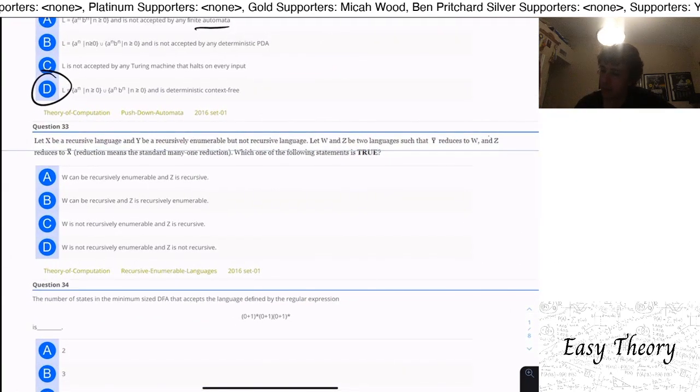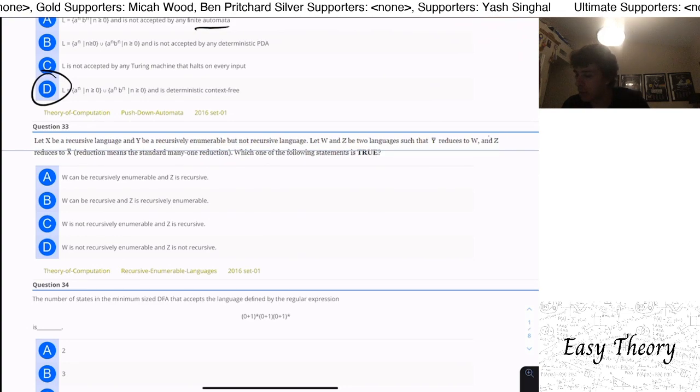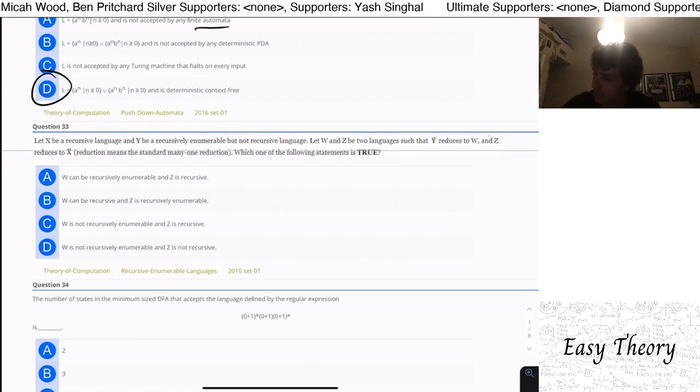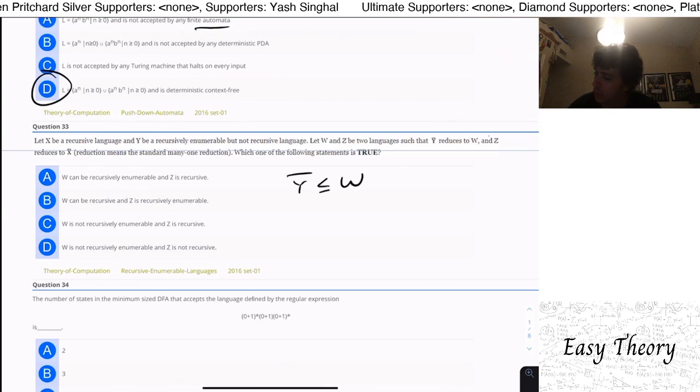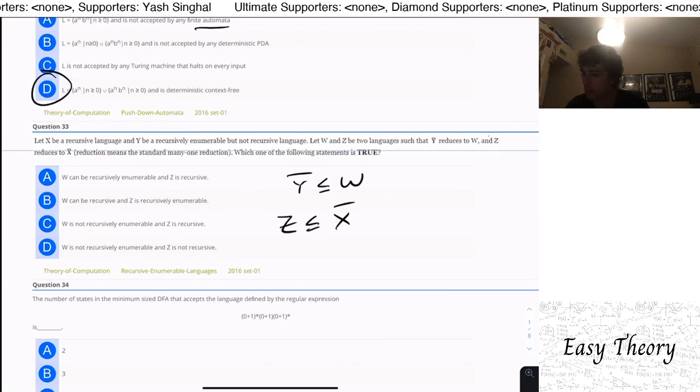Okay, let X be a recursive language, so decidable. Let Y be recursively enumerable but not recursive. W, Z are two languages such that Y bar reduces to W, and Z reduces to X bar, standard many-one reduction.